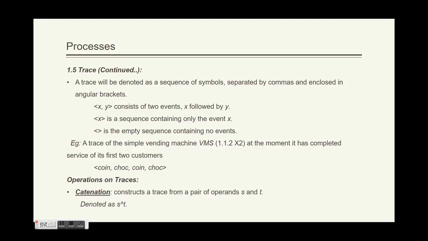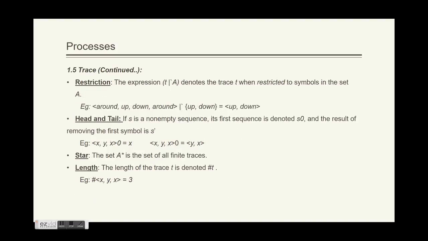Operations on traces. There are a few operations on traces. The first one is concatenation. It constructs a trace from a pair of operands s and t. It is denoted as shown below. Next we have restriction.